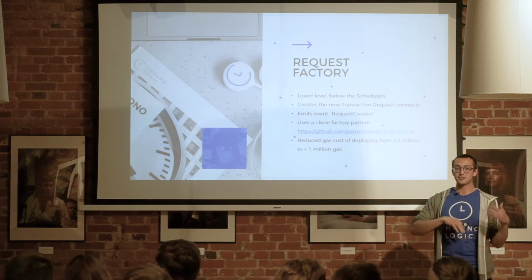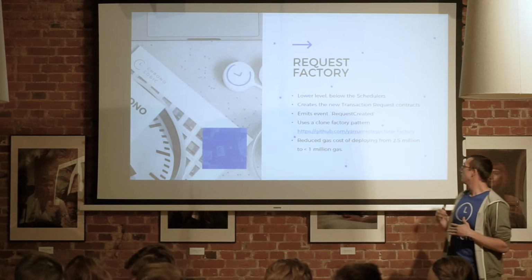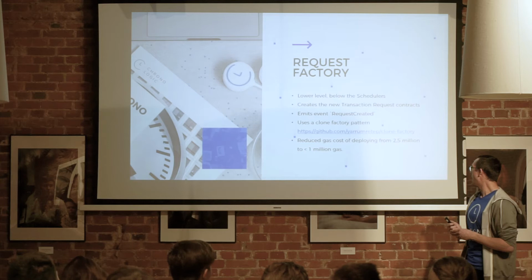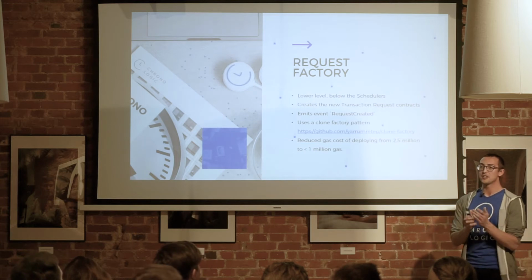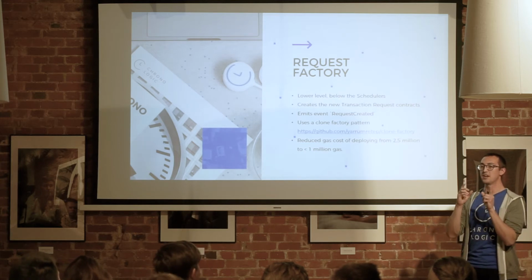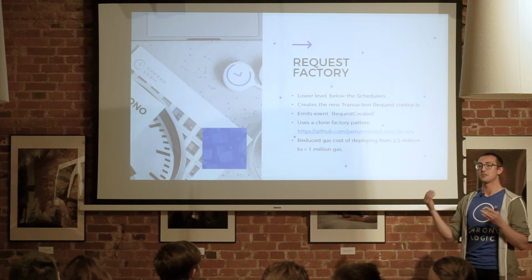The Requestfactory is a lower level smart contract. It does some cool stuff on the back end. We recently got the gas down and optimized it from 2.5 million to 1 million thanks to this GitHub repo here, which essentially makes it so that when it deploys new contracts, it deploys a very small contract that proxies calls.